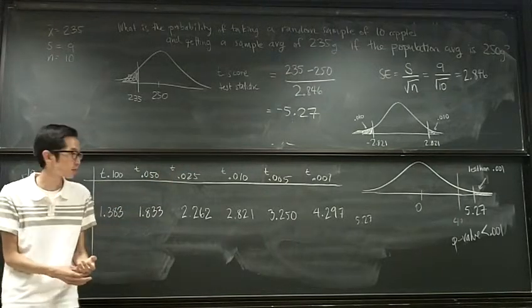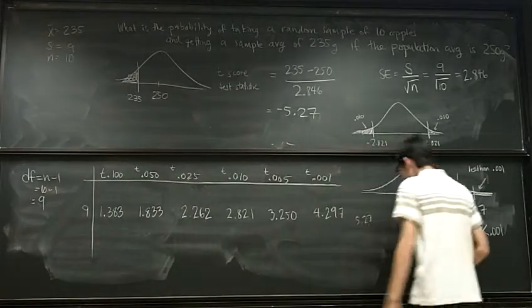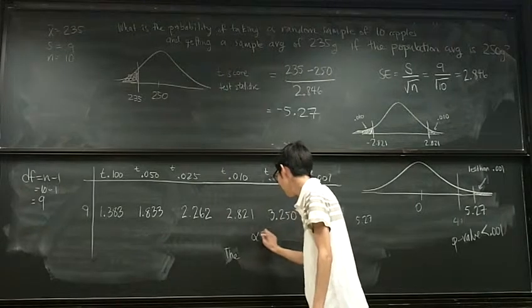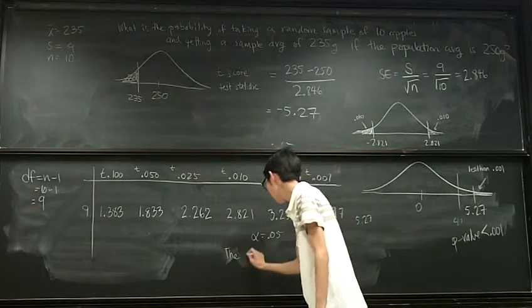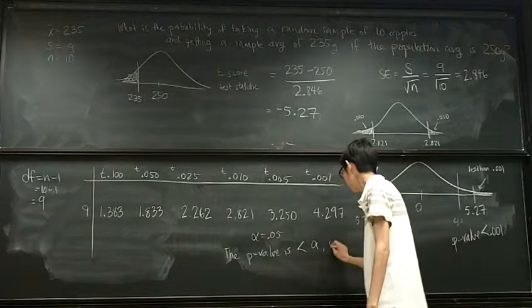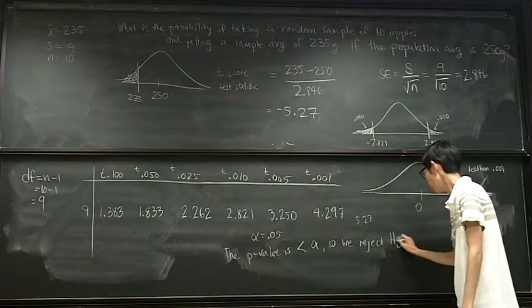So we would need to explain what that is on the quiz. We would say the p-value, if alpha was 5%, the p-value is less than alpha. So we reject the null hypothesis.